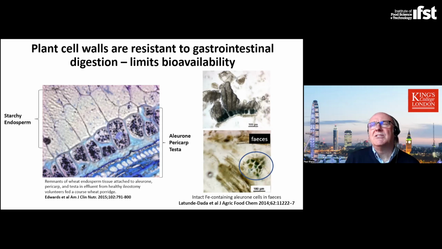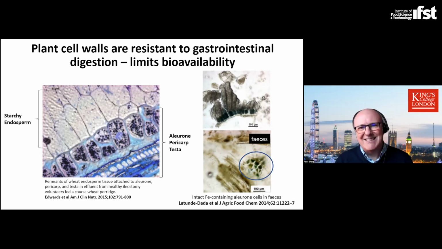And when we feed this wheat flour to mice, we can collect their feces. And you can see hopefully at the bottom where I've circled that some of those blue staining aleurone cells are still present in the mouse feces. So this tissue has passed completely through the mouse gut and is excreted in feces.